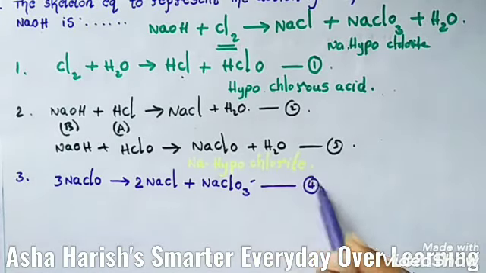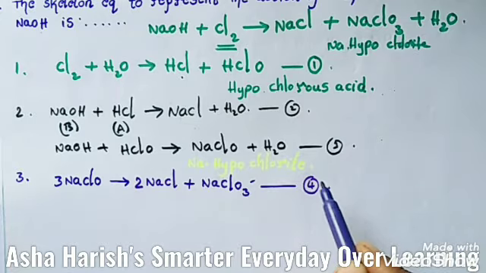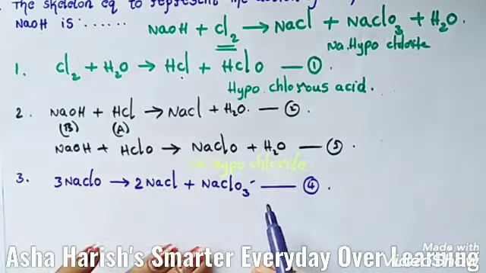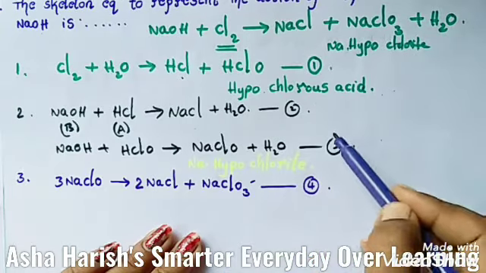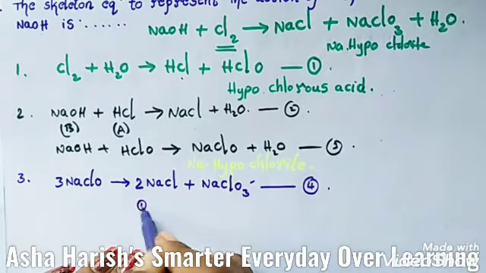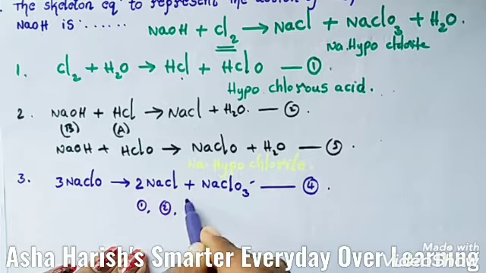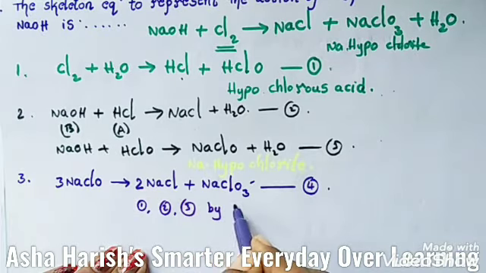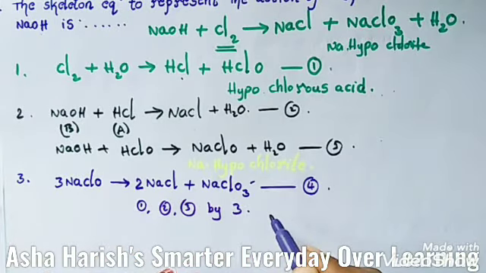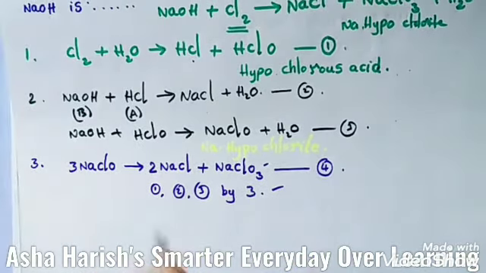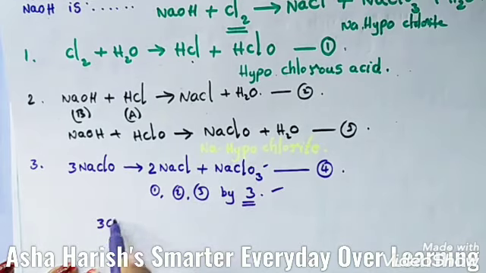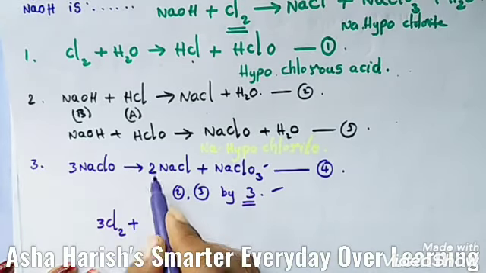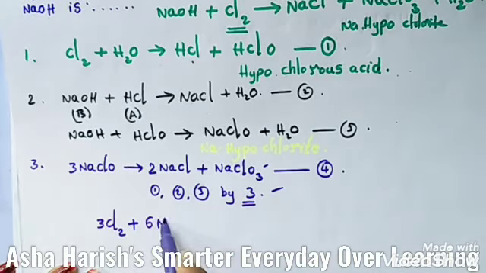So equation number 4. To cancel the intermediate products which do not occur in the final equation, multiply the partial equations 1, 2 and 3 by 3 each, and then add all the 4 equations. Then we should get the final equation: 3Cl2 plus 2 into 3, 6 NaOH.